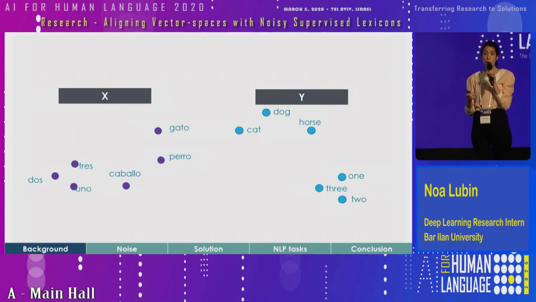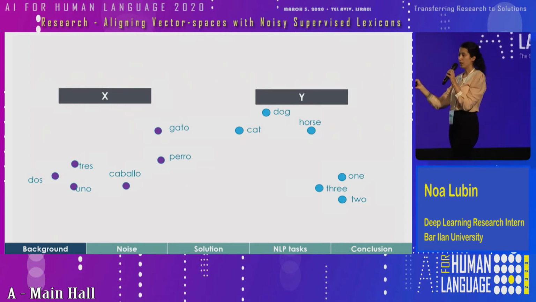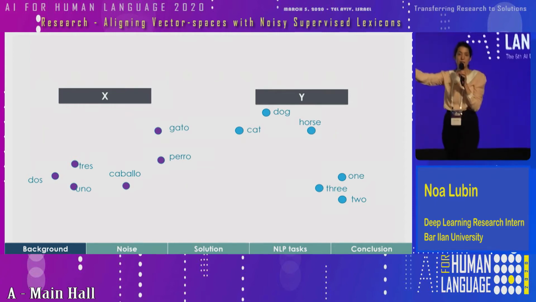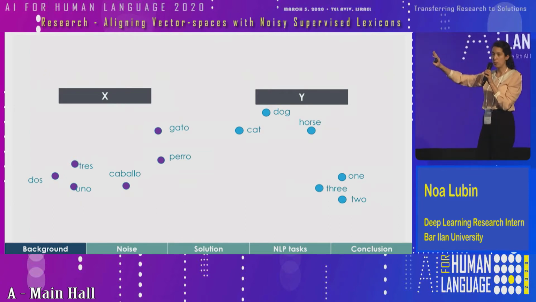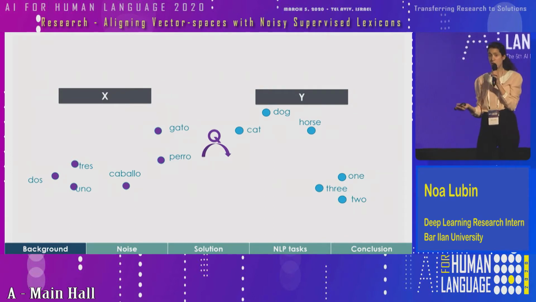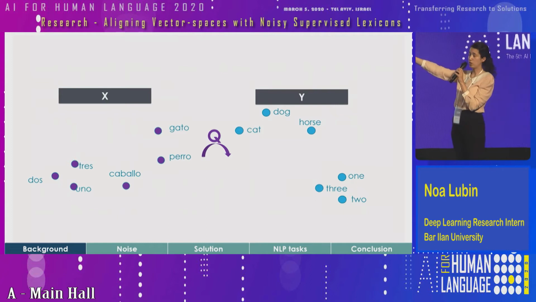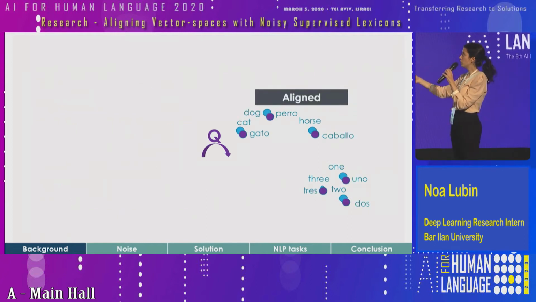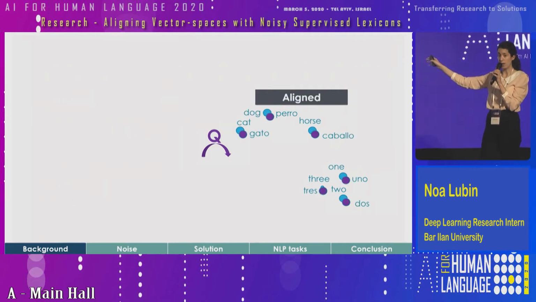What we know is that there is an alignment, a matrix multiplication of this vector space, that can align the entire vector space on top of the other one. My goal is to find this Q, which is called the translation matrix, and apply it on vector space X in order to land on top of vector space Y.